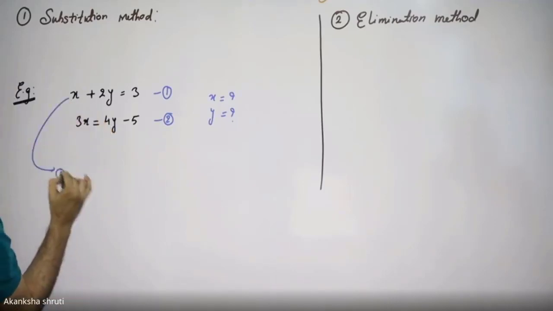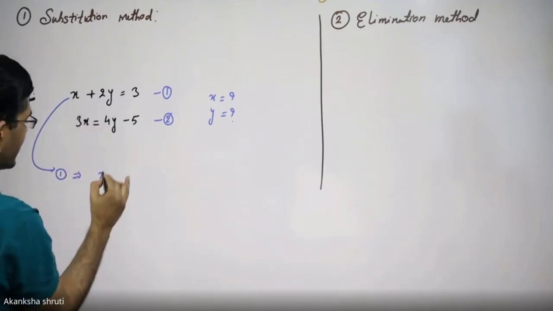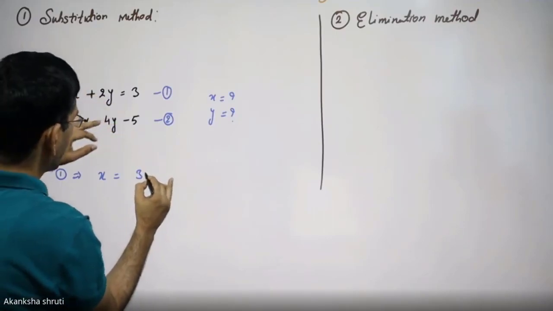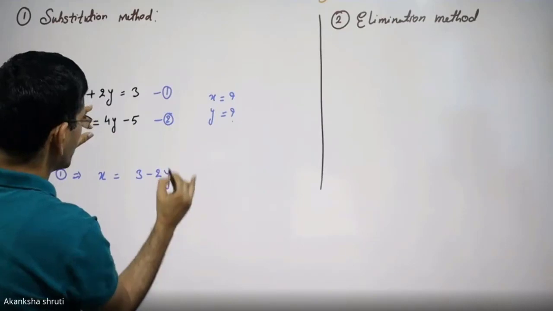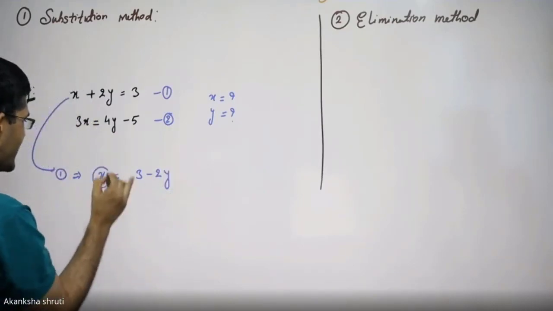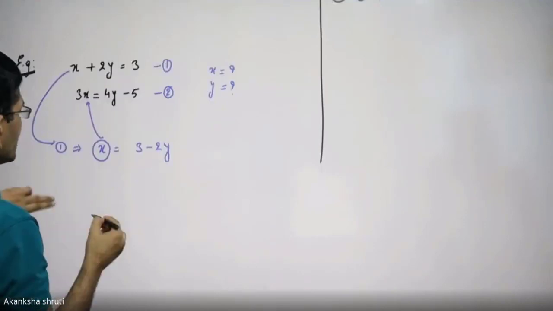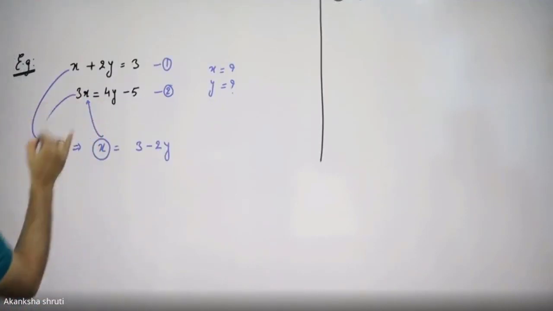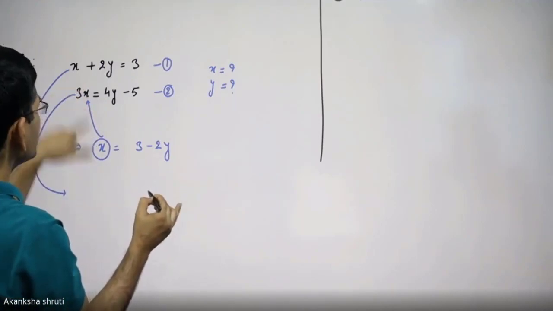Suppose one takes equation 1 and keeps this x on the left hand side, sends this 2y to the right hand side. It becomes x is equal to 3 minus 2y. Now this x is the same as this x which is in equation 2. So one may substitute this x here because the values of x and y are the same in both the equations.